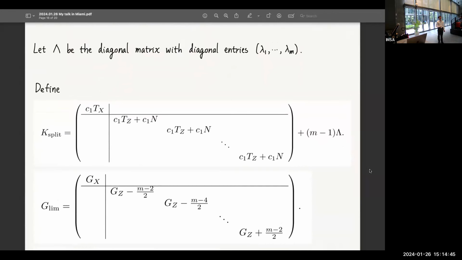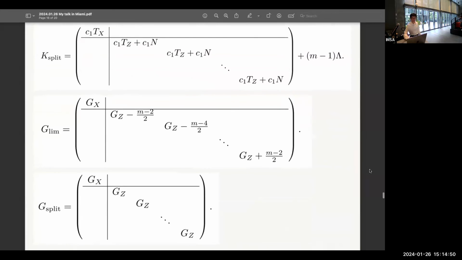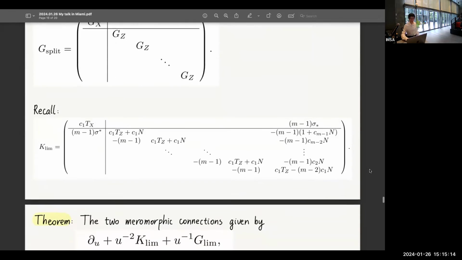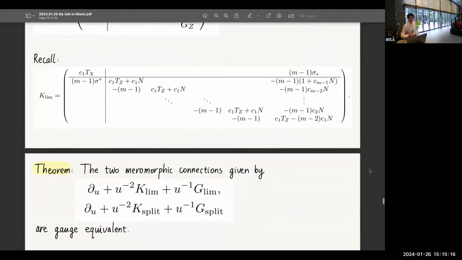Then we also have, of course, limiting operators for G, for the gradient operators, both for the limiting point for the blow-up and also for X disjoint union Z. And recall that the quantum operator K at the limiting point is this one that we calculated.